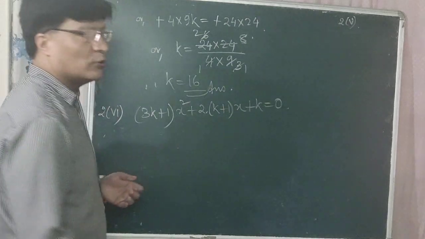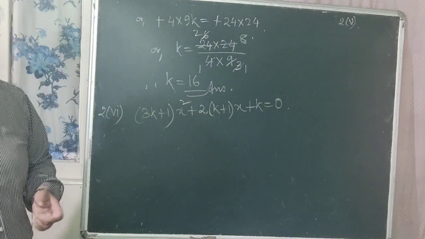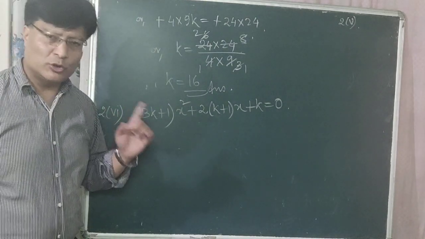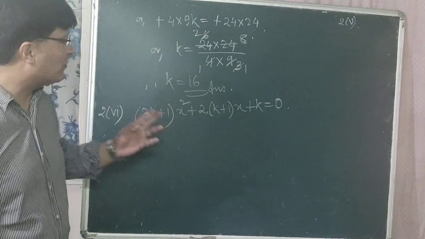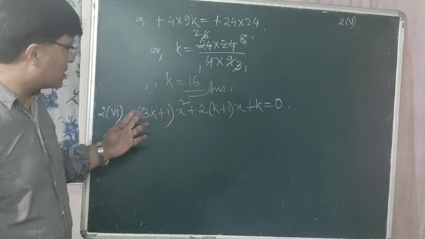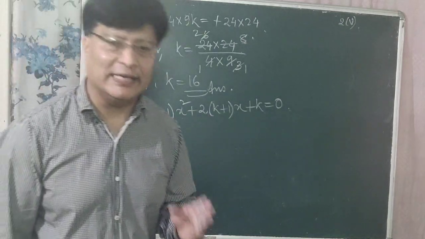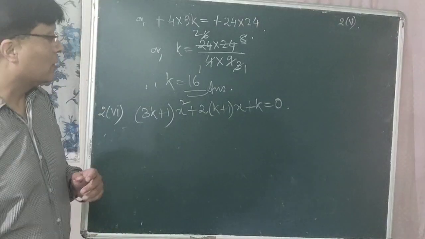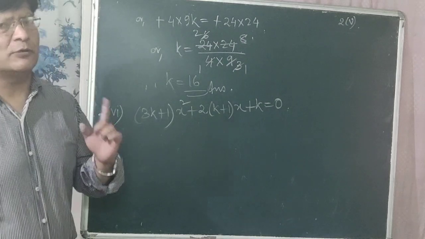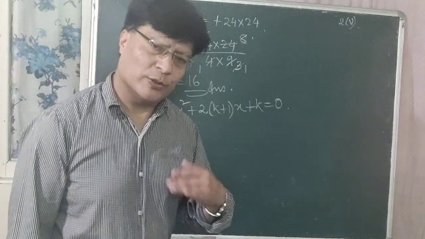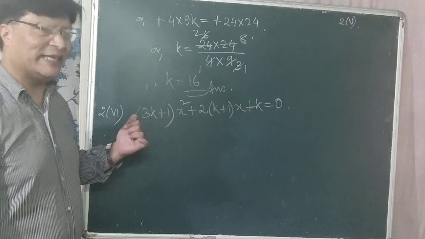So here also what is asked? You have to find out those value or values of k for which the roots of this quadratic equation are real and equal. Here also the same condition is given. The roots are real and equal, so you have to find out the value or values of k.